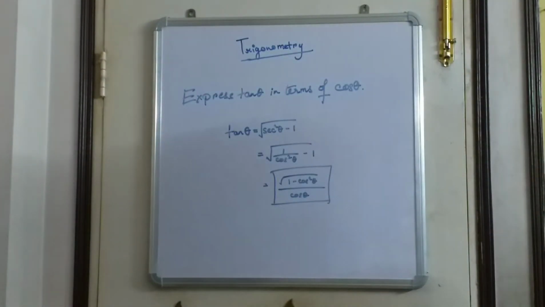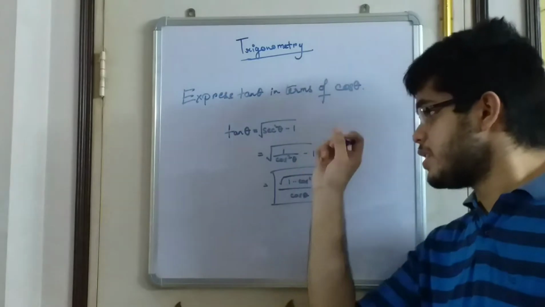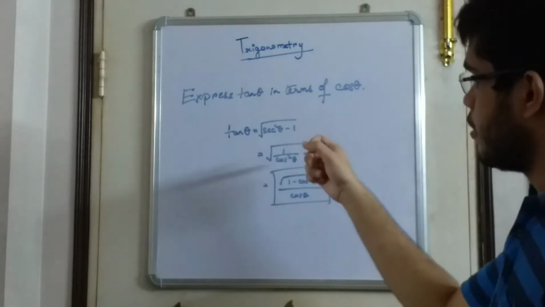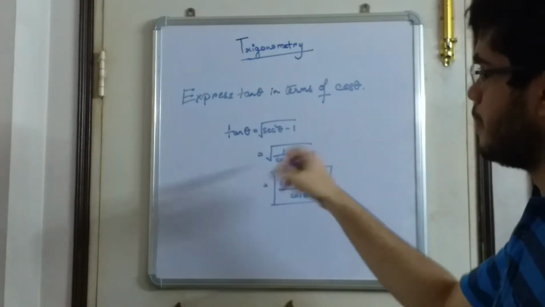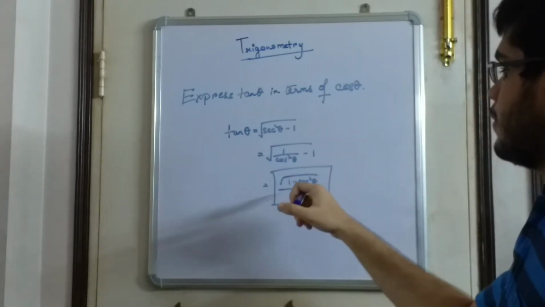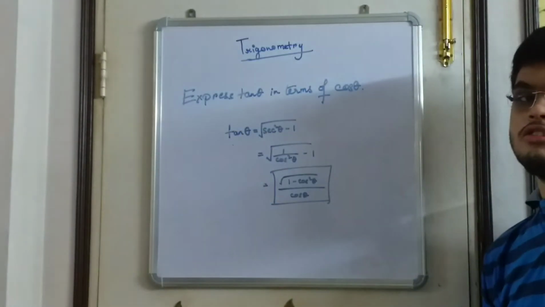So tan theta you can write as root over sec square theta minus 1, and sec square theta is 1 by cos square theta, so root over 1 by cos square theta minus 1. So this is root over 1 minus cos square theta by cos theta. This is equivalent to tan theta. Okay.